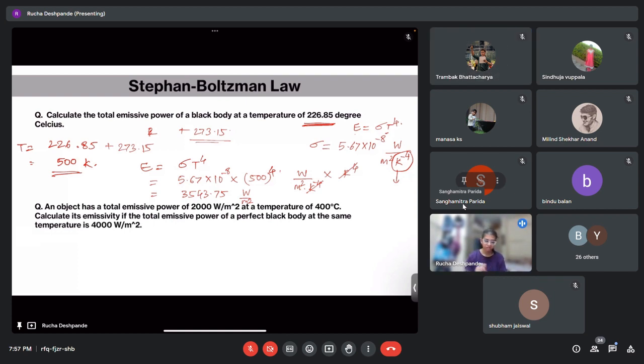Okay. So we'll do the last problem and then we'll wrap up for today. So try to solve this.